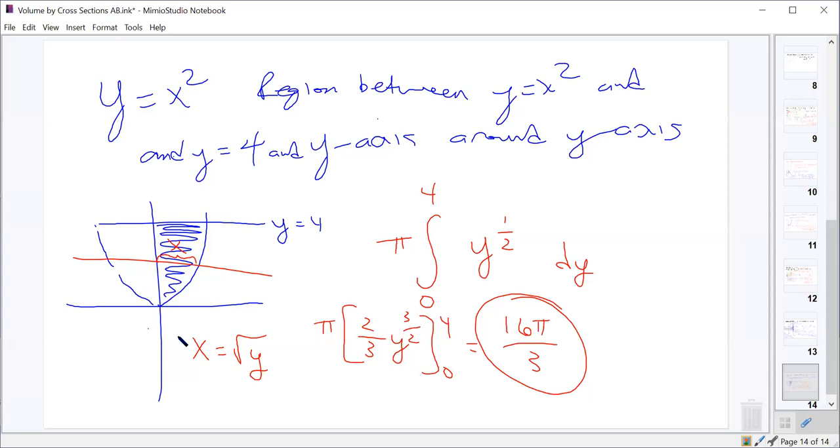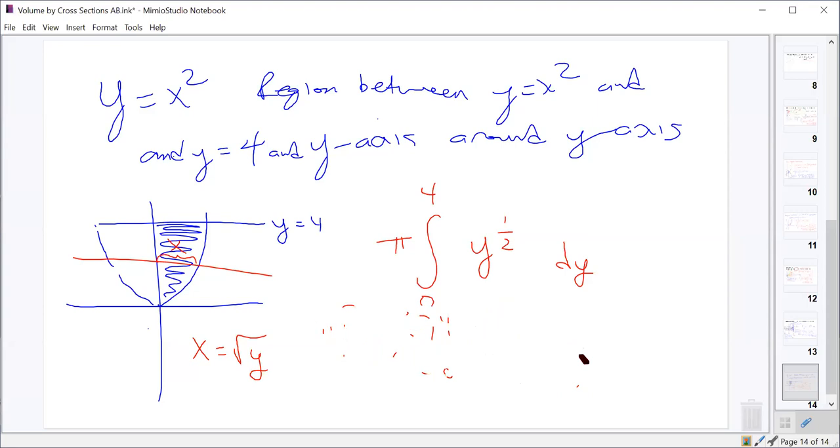Oh, did I forget the square? Pi times radius squared. I forgot to square it. I'm sure glad that I went through all of that. Oh, man. We were having such a good class period, too. I was in a rush because I wanted to do one more problem.